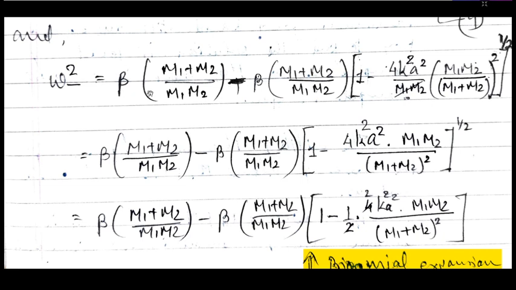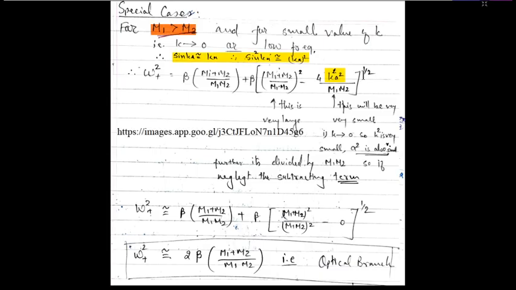So the first factor is being subtracted by a certain factor, and we have a common factor. Let us say we take out m1 plus m2, so this factor is inverted over here, so it is 1 minus 4. Again the logic is that for a small value of theta, sine theta is almost equal to theta, so here it is sine Ka, and the same logic will be used here.